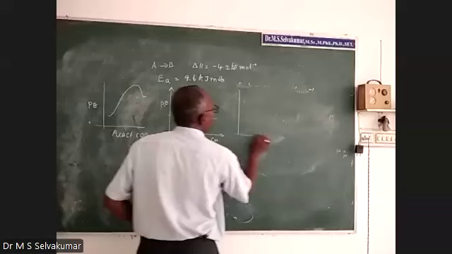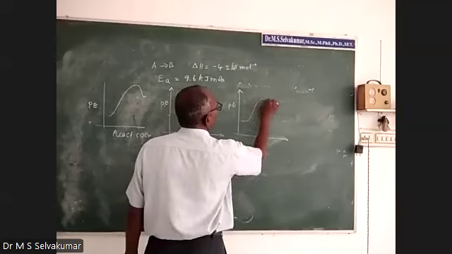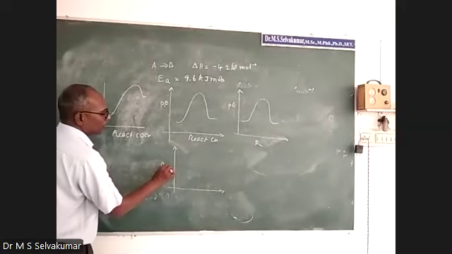Third graph, potential energy, reaction coordinate. And then fourth graph, potential energy, reaction coordinate. Which graph is correct?